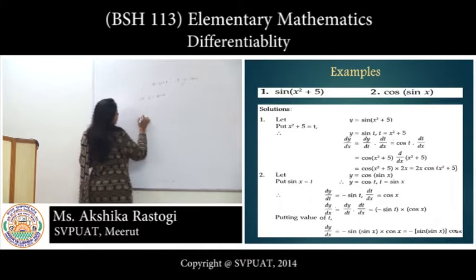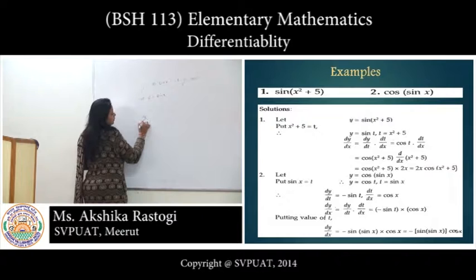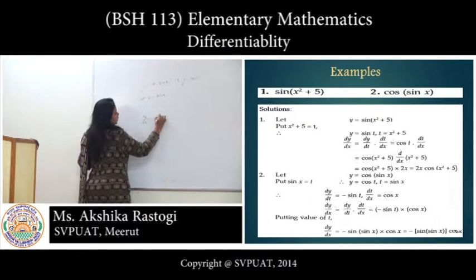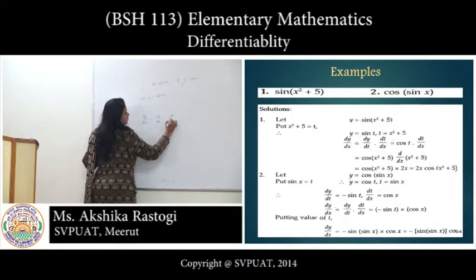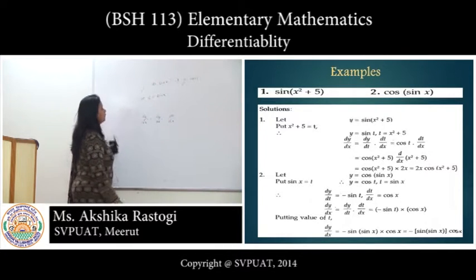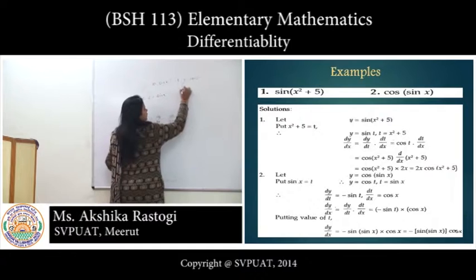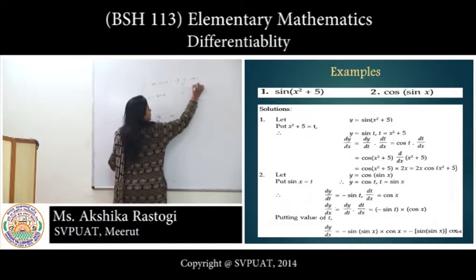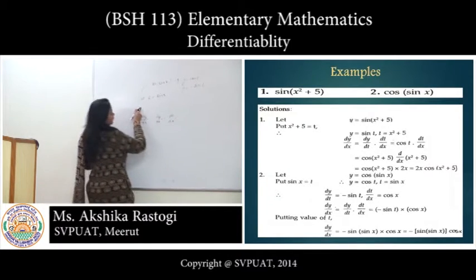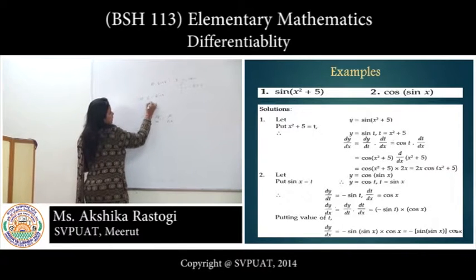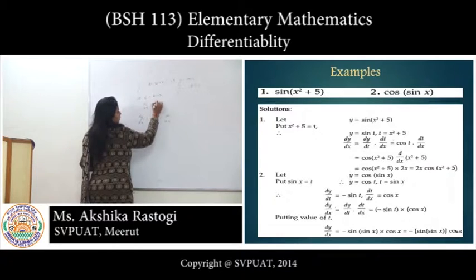According to the formula, dy over dx equals dy over dt into dt over dx. Here dy over dt equals minus sin t, and dt over dx equals cos x.